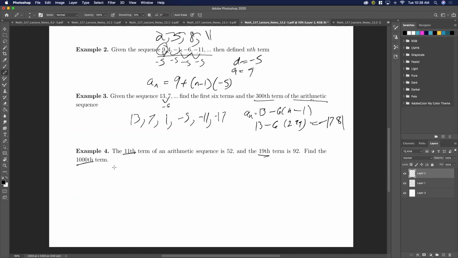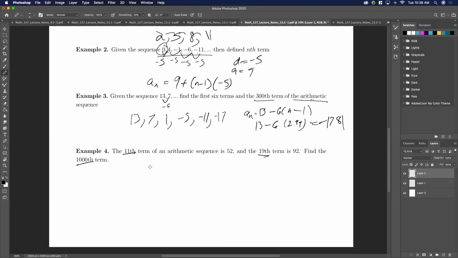So here we have the 19th, and anything's possible. Duct tape. So let's figure out what we have here.